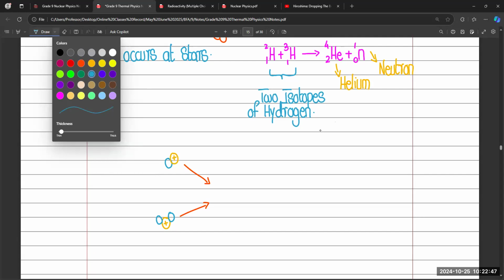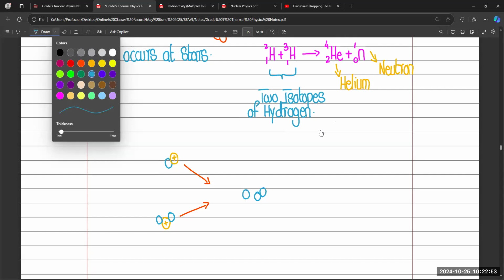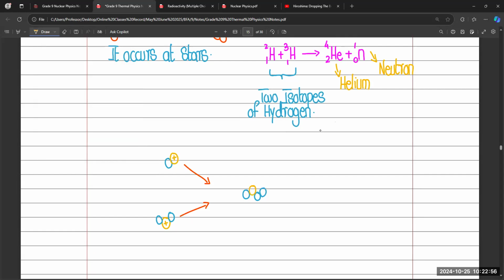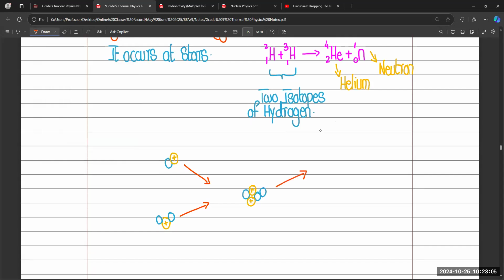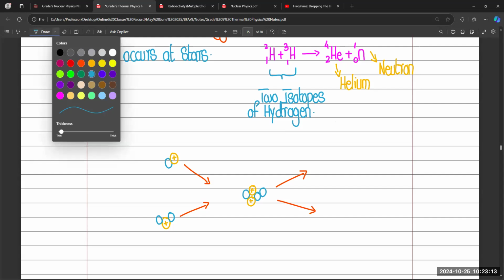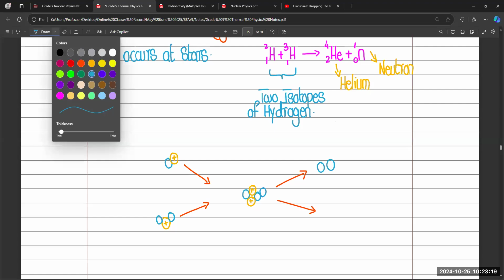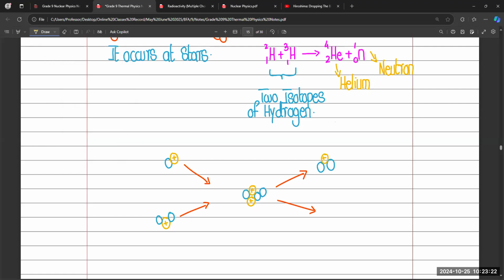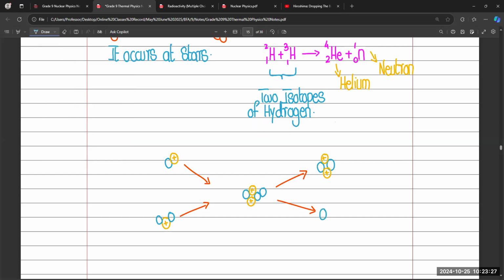Now we have a total of 3 neutrons and 2 protons. We are going to add these, and in the final result we will get helium, with 2 neutrons and 2 protons. And finally we got one neutron also.